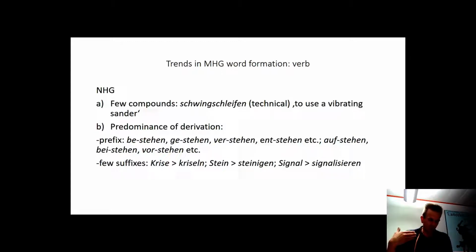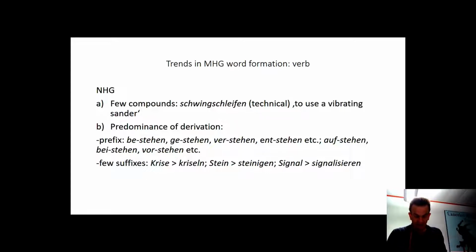First, some words on word formation of verbs. Let's start by looking at present-day German again. If one disregards technical language coinages such as Schwingschleifen, which means to use a vibrating sander, compounding is hardly used in New High German verbal word formation.